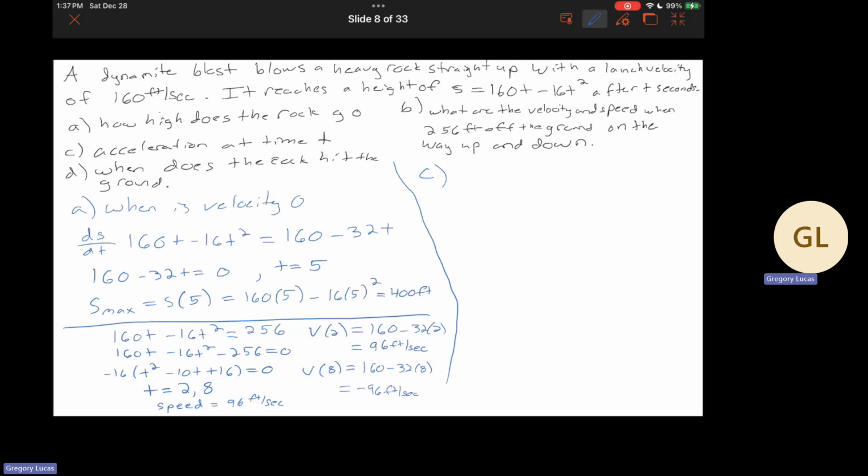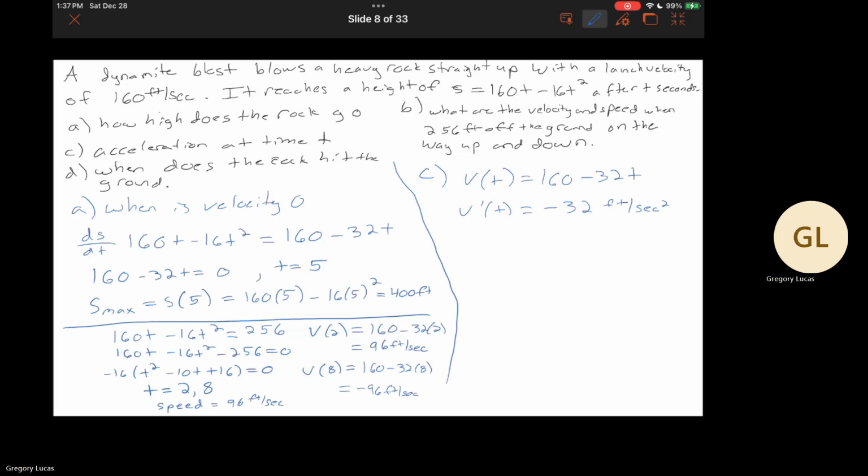We want to find acceleration at time t. Remember our velocity was 160 minus 32t. So we want to find v prime of t, which will be straightforward. It'd be minus 32. We want to make sure we have the right units, feet per second squared.